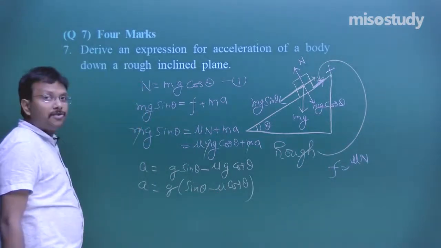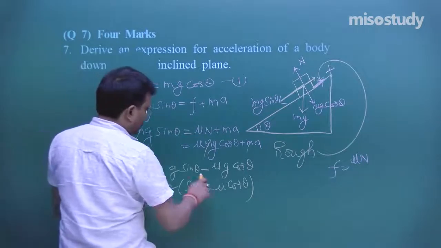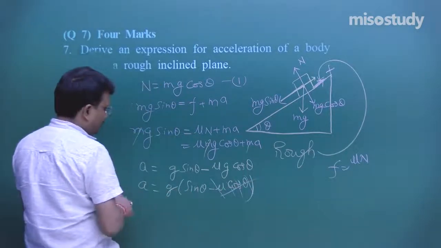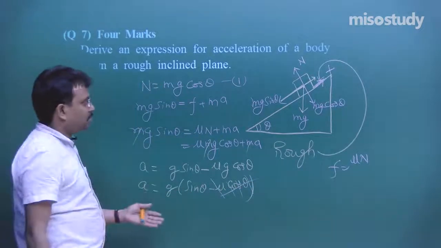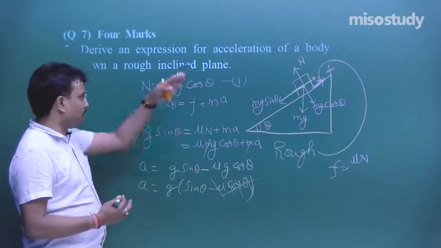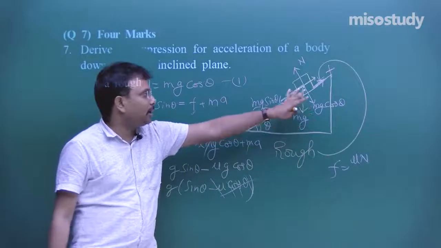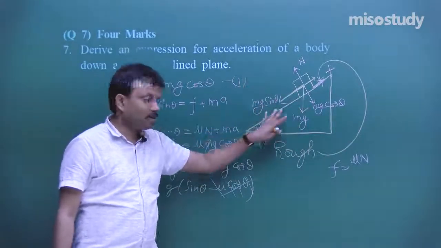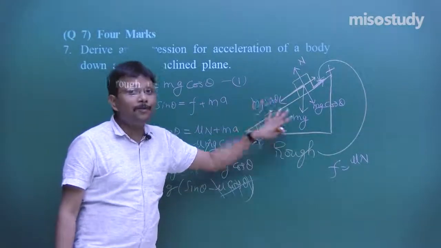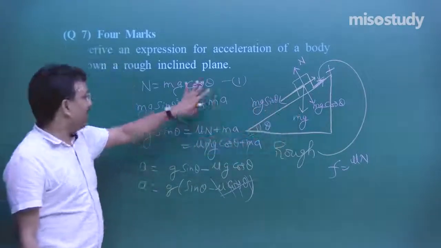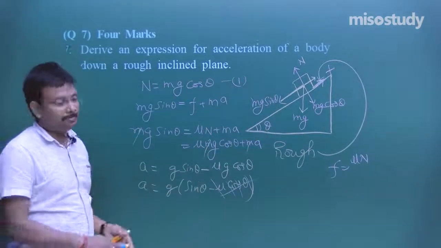If mu is 0, then this term is meaningless. So a is equal to g sin theta, which is the case for the smooth surface. So this way you can derive the entire result. Because it is for 4 marks, draw the full free body diagram, draw the forces. And then write down the equations and solve them.